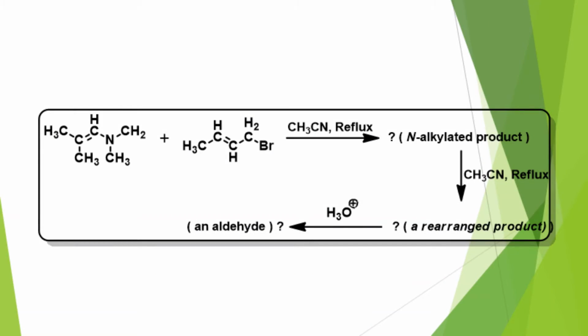Next we will discuss a very interesting example regarding the enamine. So this is our reaction. At the first step, what is the product? We can easily understand that N-alkylation will be the product. So let's write the N-alkylation product.